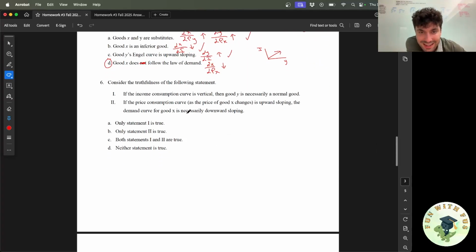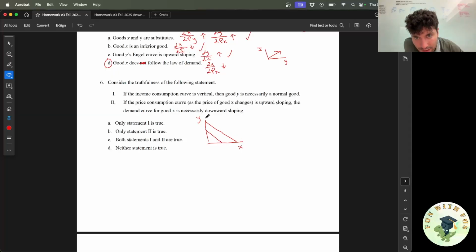Consider the truthfulness. Okay, if the income consumption curve is vertical, so what we are given here is a graph. So let's start by making some of these graphs. The income consumption curve, you can always just draw, at least how I always do it, you have your two goods, and I'm just going to set it arbitrarily increasing in income.